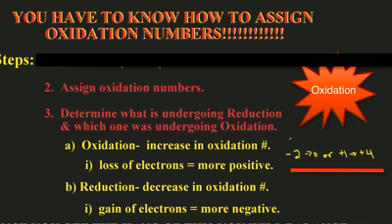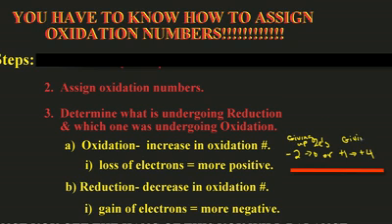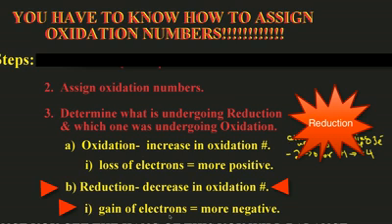This is giving up 2 electrons. Giving up 3 electrons. And then reduction is the exact opposite, right? It would only make sense that it's the exact opposite, a decrease in oxidation number. Why? Because we're gaining electrons. So it's becoming more negative.